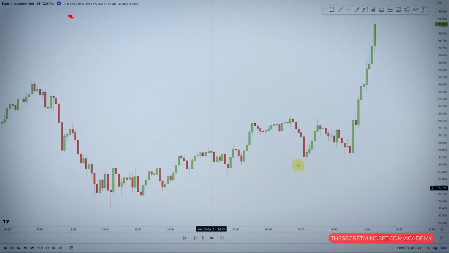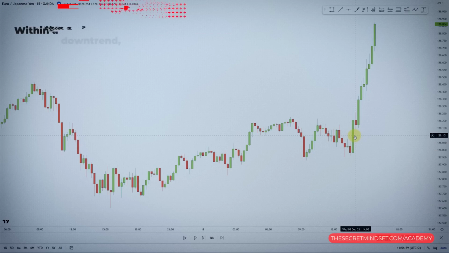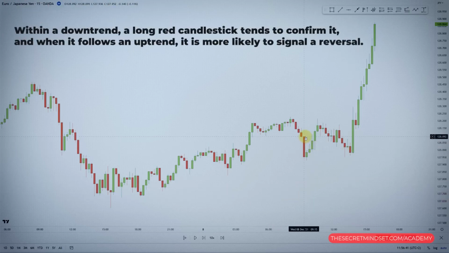For example, a long green candlestick appearing within an uptrend could be a strong confirmation signal, but if the same candlestick appears after a downtrend, it could act as a potential reversal signal. The same for long red candlesticks. Within a downtrend, it tends to confirm it, and when it follows an uptrend, it is more likely to signal a reversal.